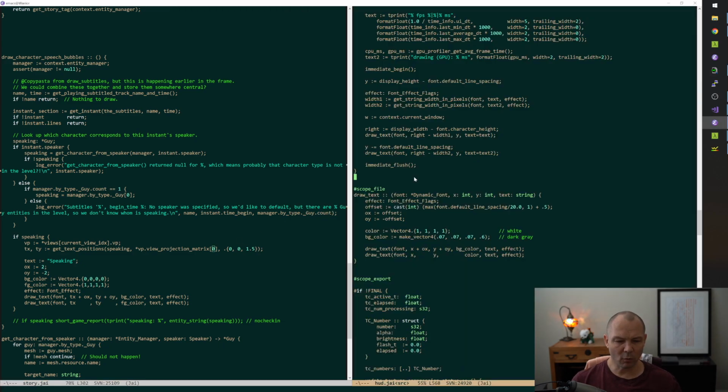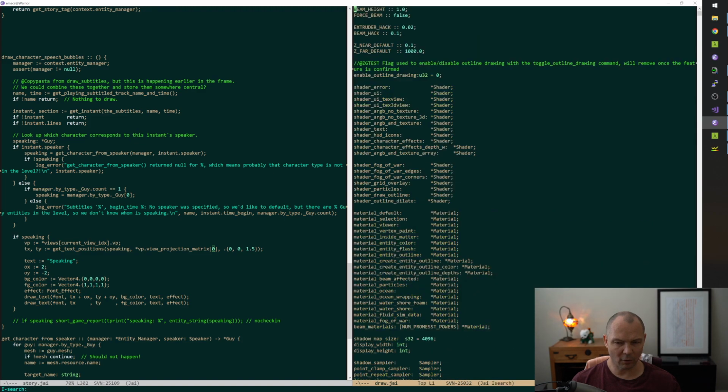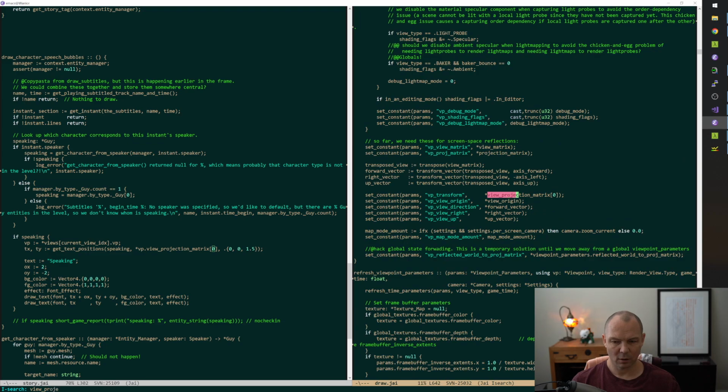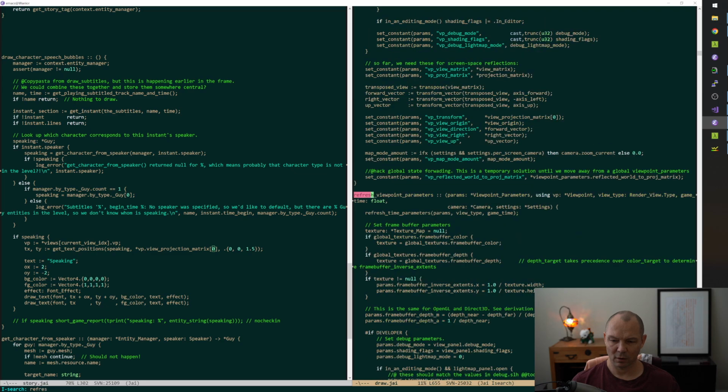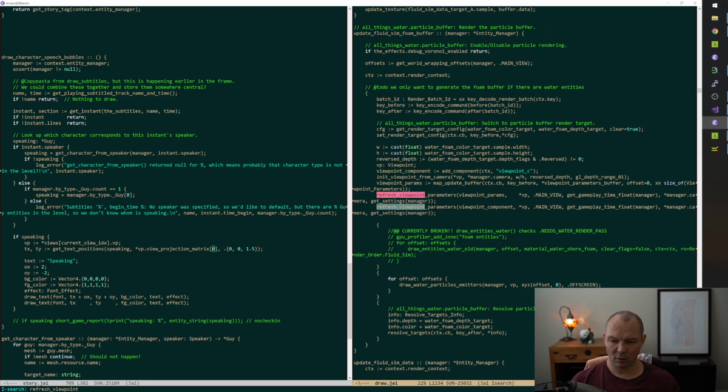Okay, but when we draw guys, we pass the viewpoint explicitly. Do we maybe get this from somewhere? Oh, we do. Oh, no, we make an entire new one.